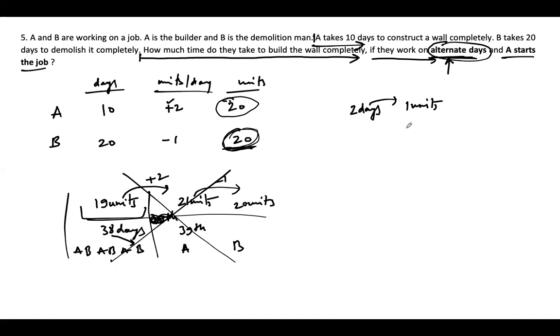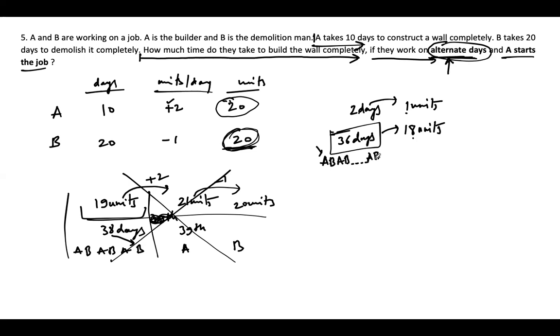So in order to complete, let's say, 18 units of work, how much time is required? 1 unit, 2 days; 18 units, 36 days. See, A was working for the first day, then B, then A, then B. So who is working on the 36th day?